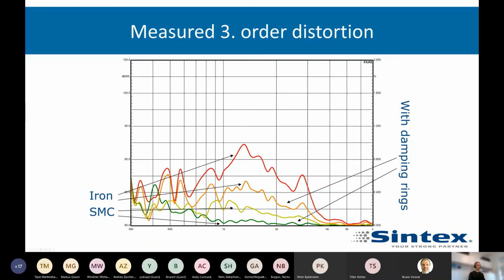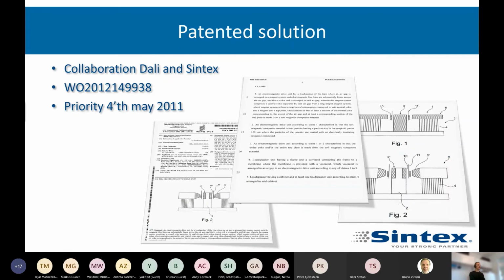I'll not comment on this because this is more detailed about electronics and so on. But you can definitely see that there's a big difference between iron and SMC, and it made a very good product for Dali, and they actually filed a patent application, which was in 2011.